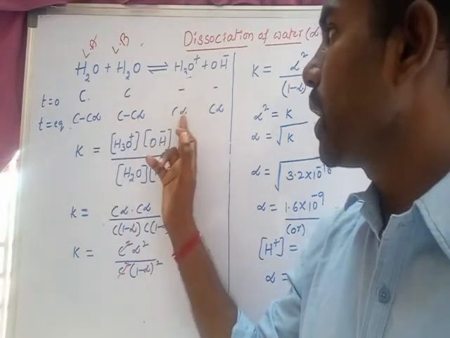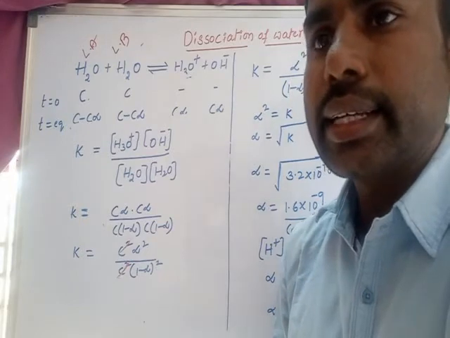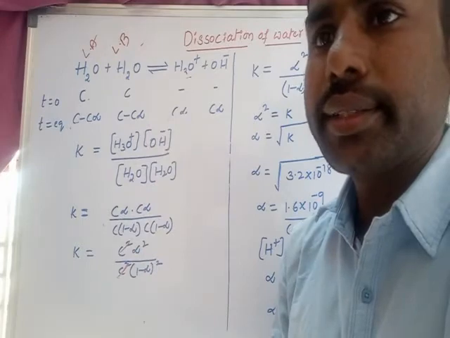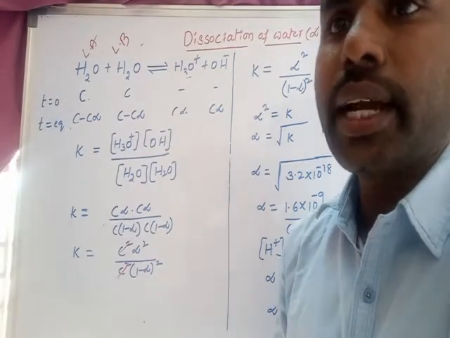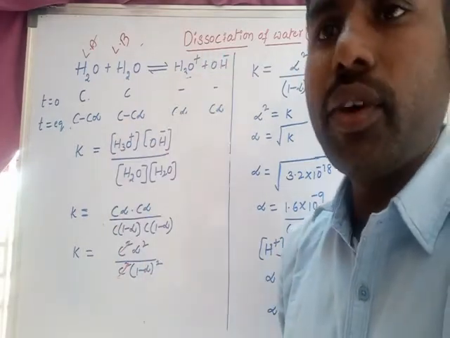At equilibrium, the concentration of H3O+ is C alpha and the concentration of OH- ion is also C alpha, because the number of moles is the same. Whatever amount of H+ forms, the same concentration of OH- ion forms.